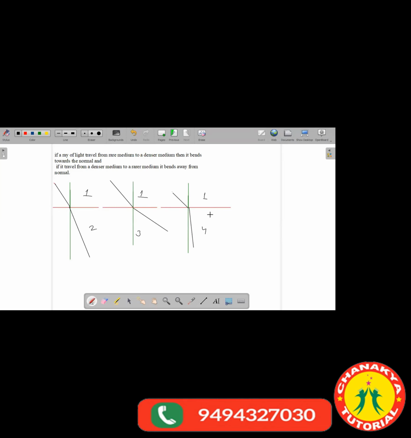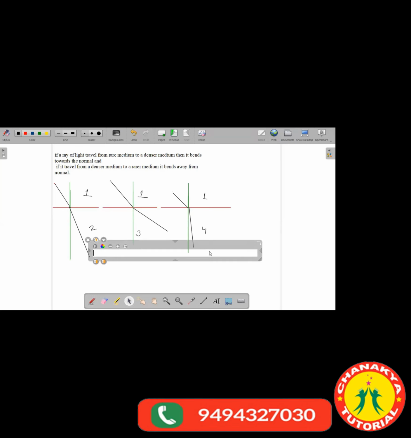Now let us define a numerical aspect to this. We will define a criterion to find out which one is a denser one and which one is a rarer one. We define an index which we call the refractive index.